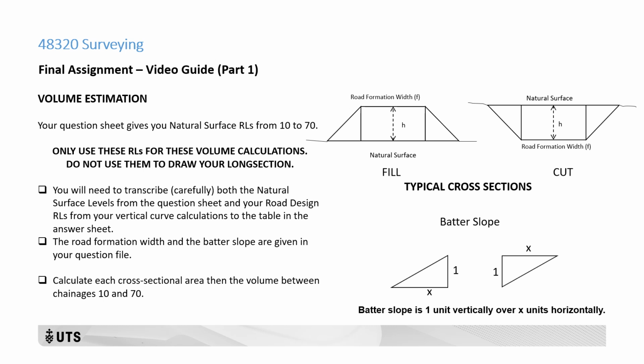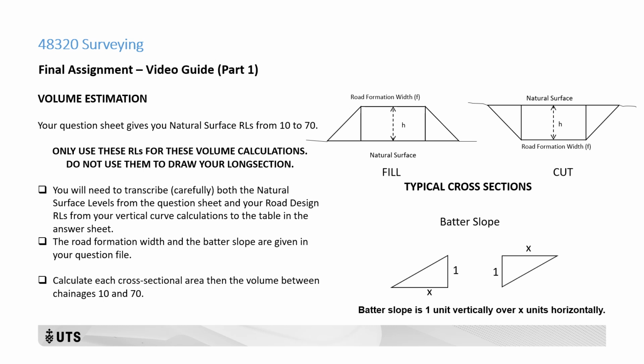So the paper design's been done. Don't use those levels for your long section. Long section's only drawn with the contours, but at least you've now got an estimate of what sort of volume is going to be involved in getting from change 10 down towards the creek cross to get change 70.